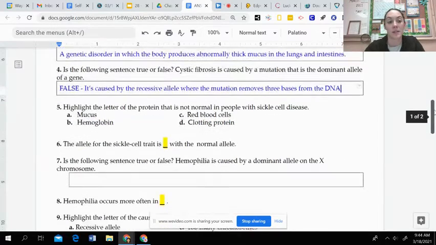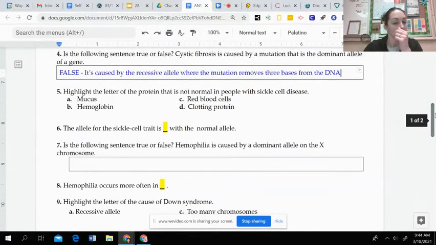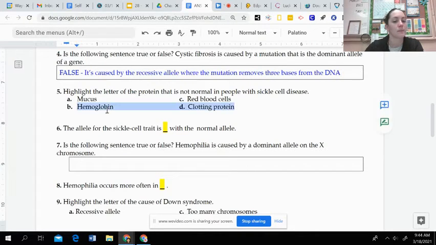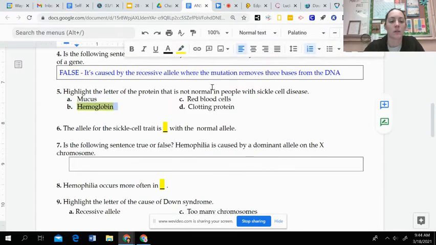As long as you have false, that's fine. Then, highlight the letter of a protein that is not normal in people with sickle cell disease. That protein is the hemoglobin. So we'll highlight that here. And then an allele for the sickle cell trait is co-dominant.